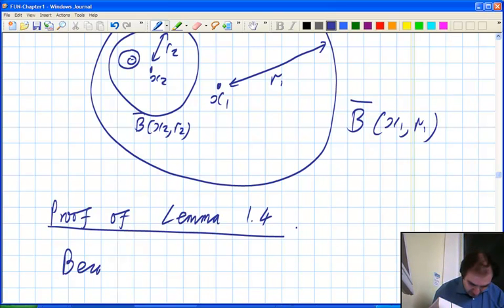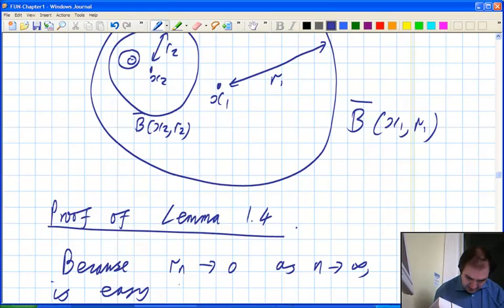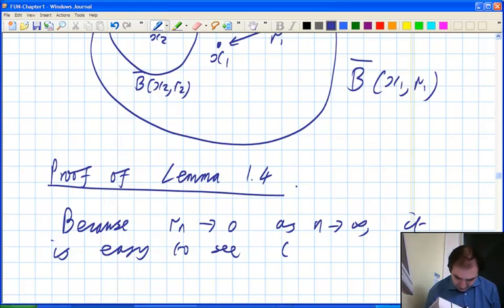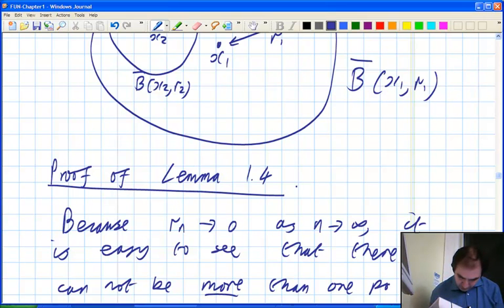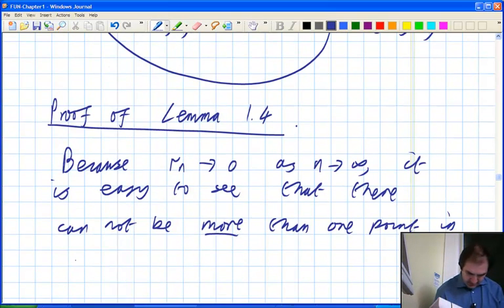So because Rn tends to 0 as n tends to infinity, it's easy to see, you can check the details of that for yourself, that there cannot be more than one point in the intersection of all of these balls.